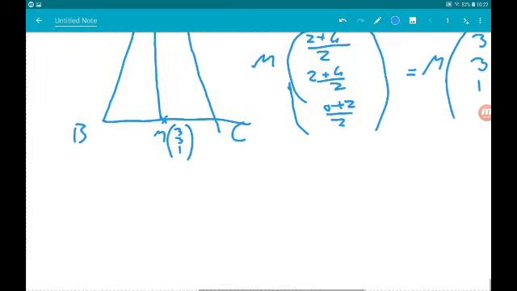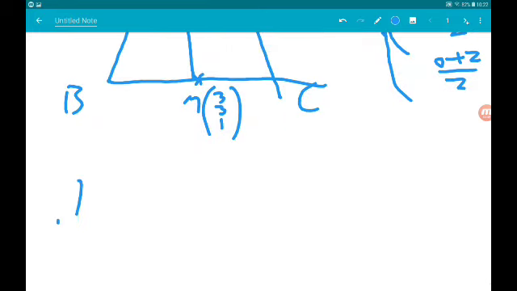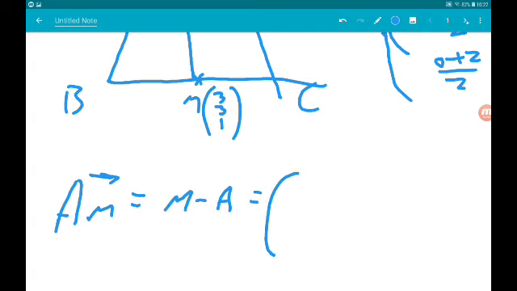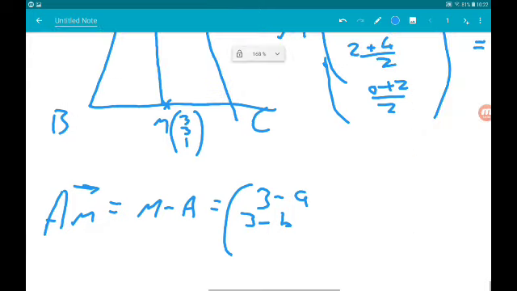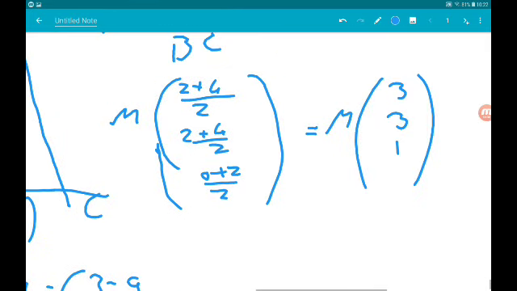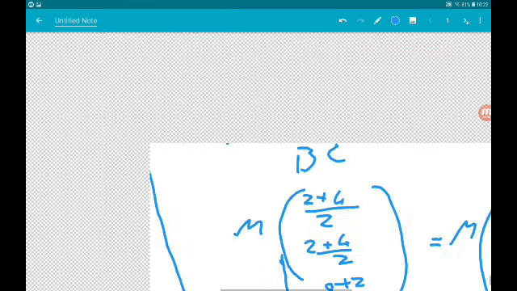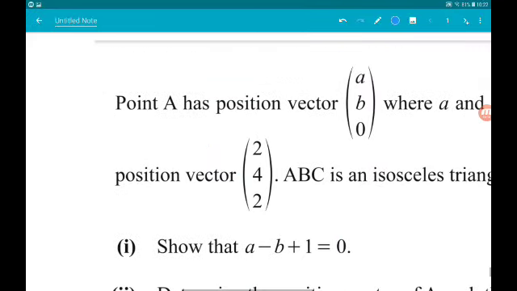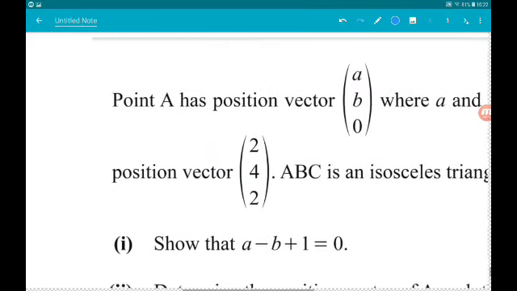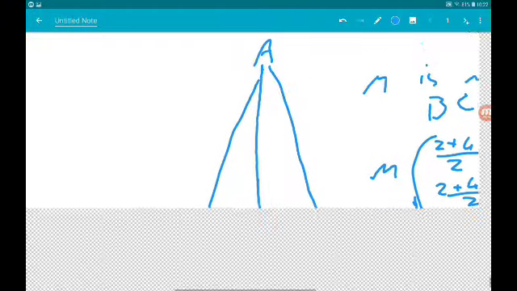So let's work out AM. So AM is M minus A, which is 3 minus a, 3 minus b, and 1 minus 0, which on a good day is 1.